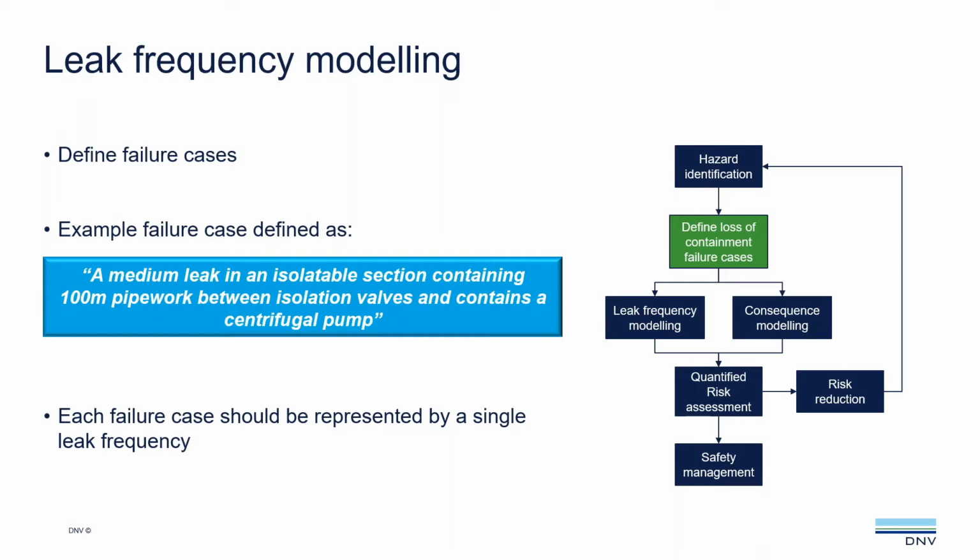And each failure case that's been identified in the QRA should be represented by a single leak frequency. In reality, on a typical facility, such as a refinery or a gas terminal or any other type of hazardous facility, you could potentially have several hundred failure cases identified. And each of those failure cases should be represented by its own leak frequency.